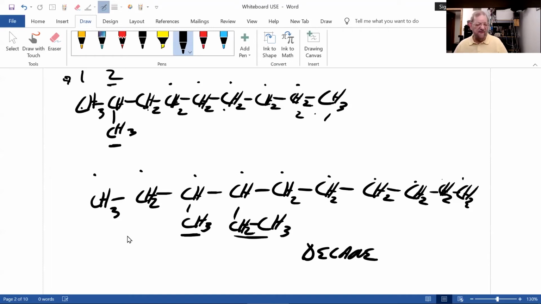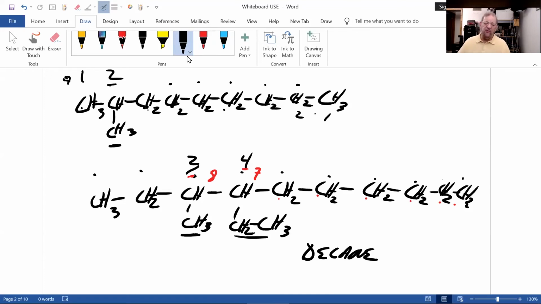If we started from here, it would be on carbons 3 and 4. If we go the other way, 1, 2, 3, 4, 5, 6, 7, 8. Therefore, the lowest numbers are 3 and 4. The methyl group is on 3. The ethyl is on 4.